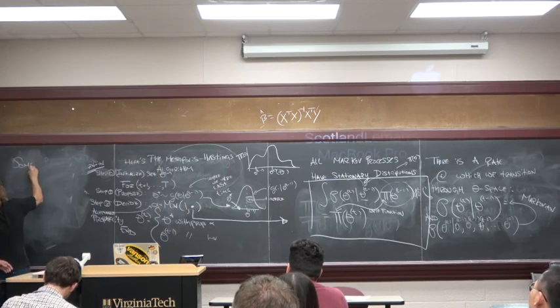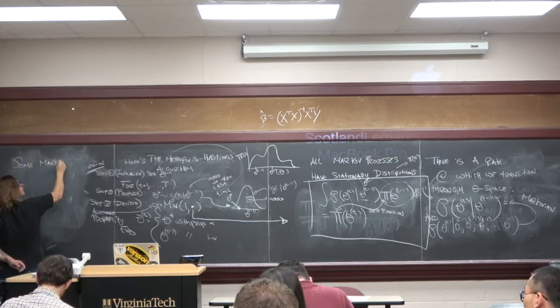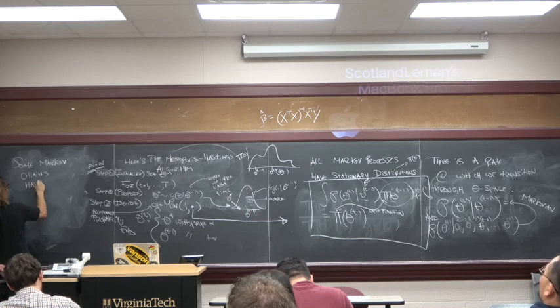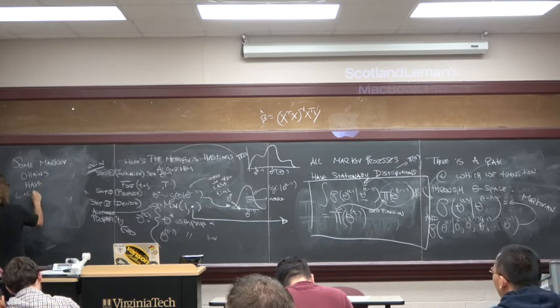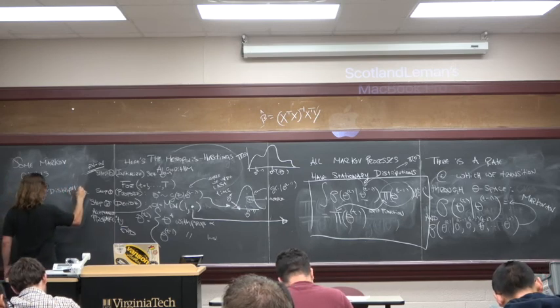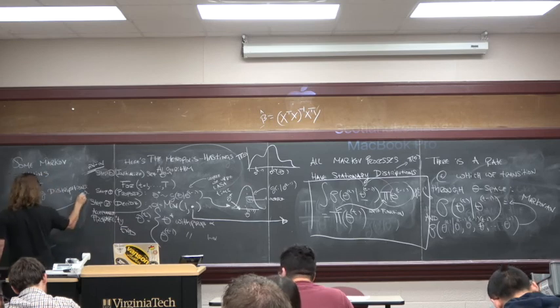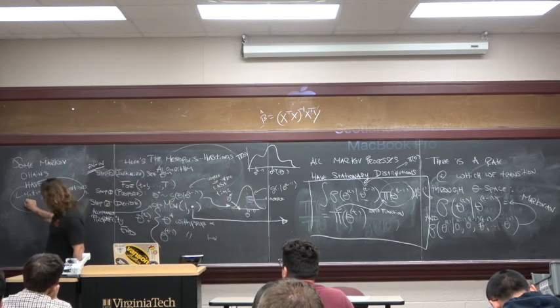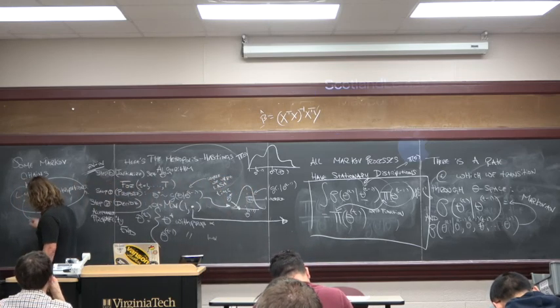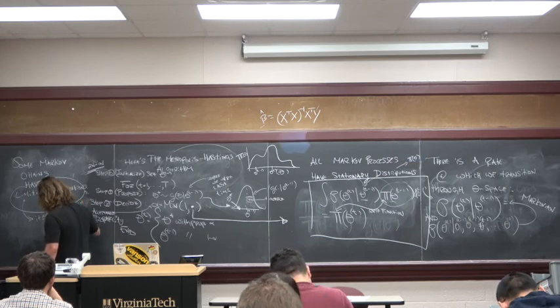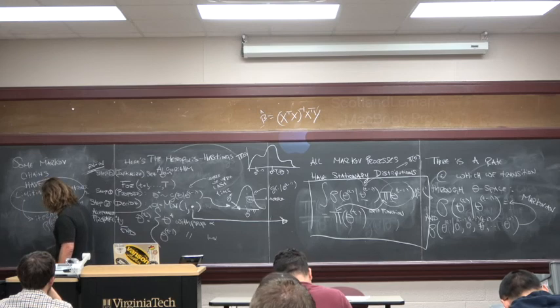So let me just write this down. Some Markov chains have limiting distributions. What I mean by this, and I'm just going to tell you in words and later on I'll write it down mathematically for you, means that if I just click through, so iterate through, rho theta t given theta t minus 1.